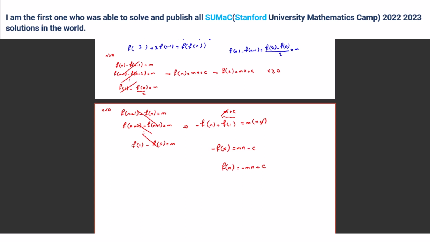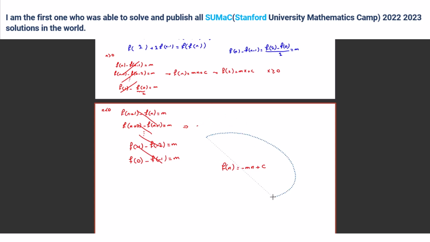I want to go again. So when you add, do you agree? Last one, if I write, f of 1 minus f of minus 2 is m. Then f of 0 minus f of negative 1 is m, right? This part now, for negative, is a bit confusing. Understood now?